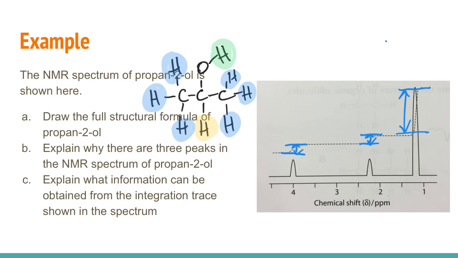If you were to do that, then what you would notice is that you get a 1:1:6 ratio, which corresponds to the fact that we have the yellow proton, which is 1 in one chemical environment, the green one, 1, which is in another chemical environment, and then the other 6 protons, which are in their own chemical environment. So you can actually match up those blue ones to this peak here because it's a 6 ratio. The other two, you would need a little bit more information to match those up, and that would be coming in a different video.